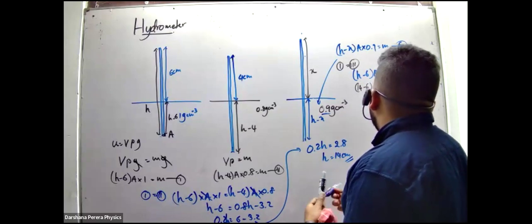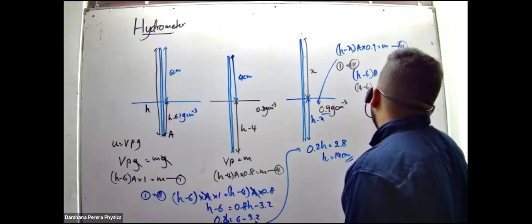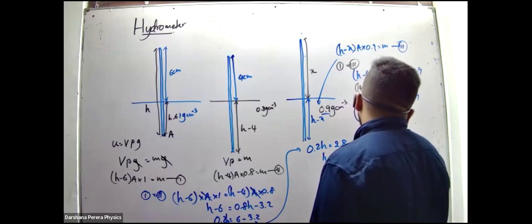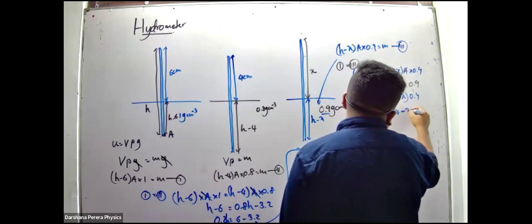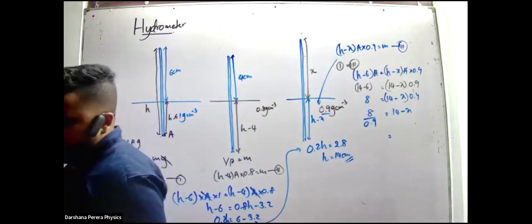So this one is 8. 8 over 0.9 equals 14 minus x. Okay, this answer.